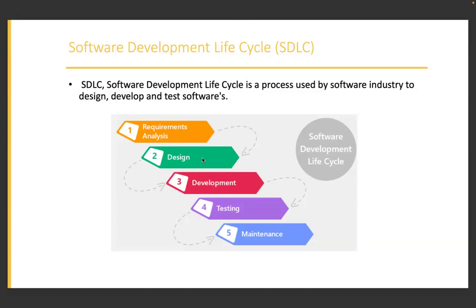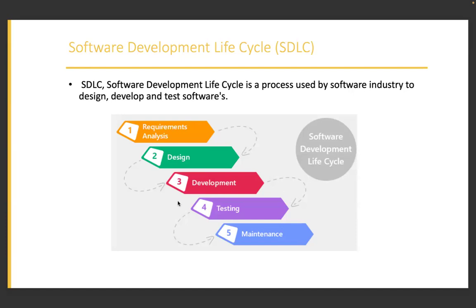After that, you will move to the next phase, then you will finish the design phase, then move to the third phase. This is the ideal approach followed throughout the software industry. And right now we will be working purely on the fourth phase, that is the testing phase.